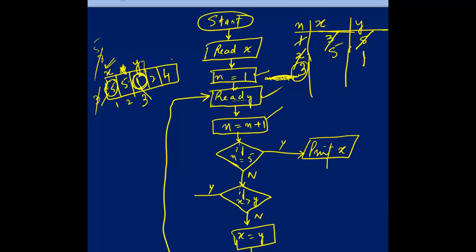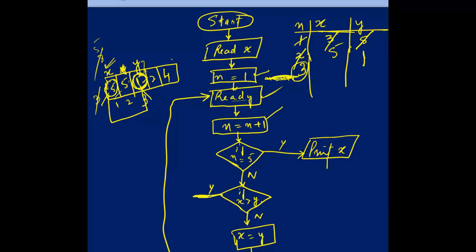Now in this case, the value of y is smaller than the value of x. We are comparing these two, where value of y is 1 only and value of x is 5. So value of y is smaller than the value of x, so no need to replace. So it is yes this time, because x is greater than y, so it will go to this yes case.